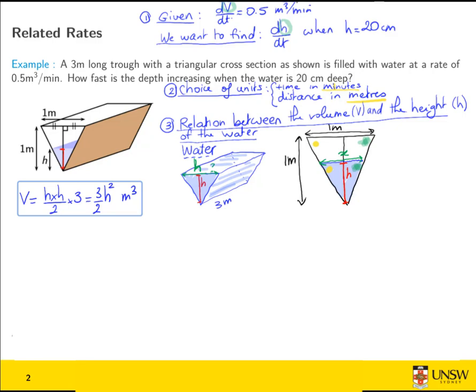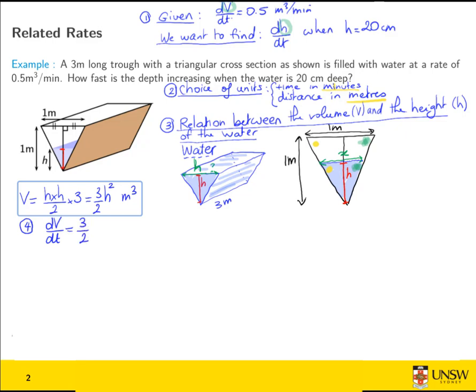The next step will be to differentiate this relation. The reason why we want to differentiate is because we know something not about the volume, but about its derivative. And we want something about h, but what we want is its derivative. So we need to get these derivatives. So let's differentiate this relation here with respect to time. So we get the derivative of volume with respect to time is equal to 3/2, which is a constant.